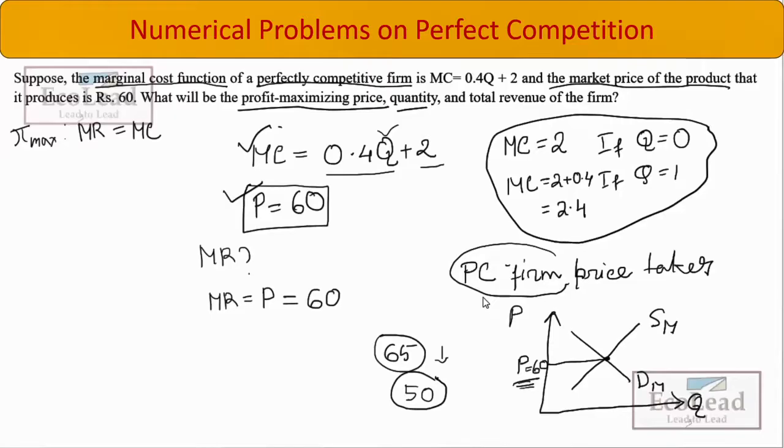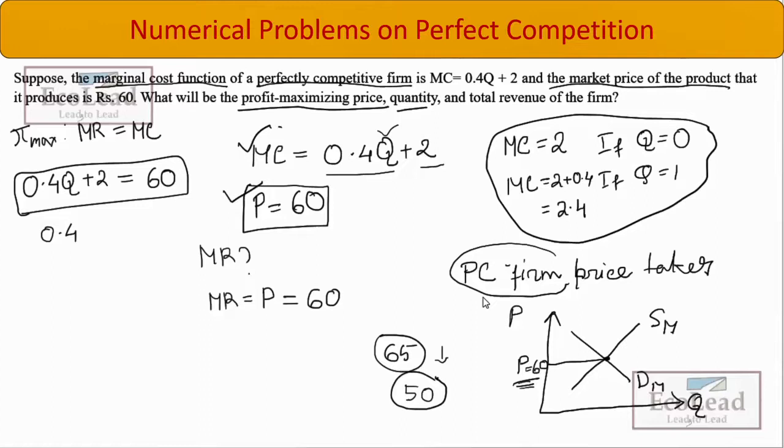So in the profit maximizing condition, let us put the values. MC, the value of the MC was 0.4 Q plus 2, which is equal to the marginal revenue. Marginal revenue here is 60, and let us solve this equation for Q. So we can write 0.4 Q equal to 60 minus 2, or 58.